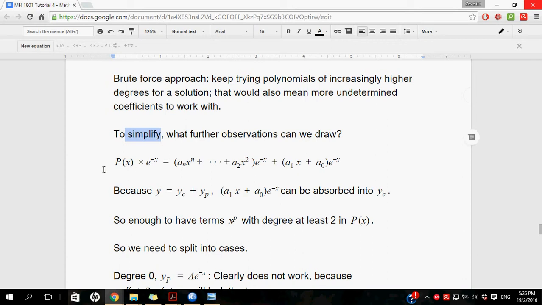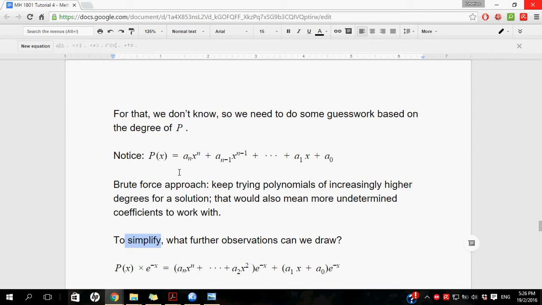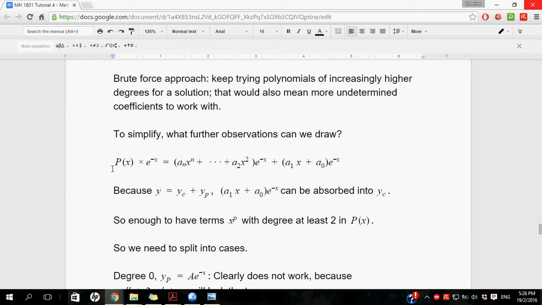And yes, we can. Now, given p of x in this form, let us split it up at the linear term. So by the linear term, I'm referring to this bit here, a1x plus a0. So if I split it up, I will get just such an expression.